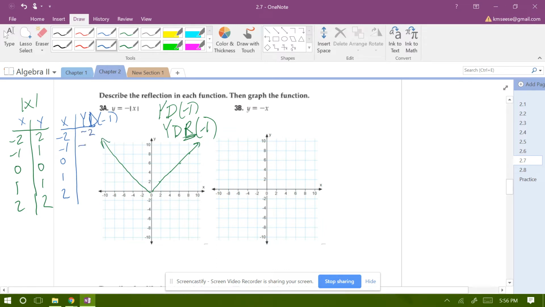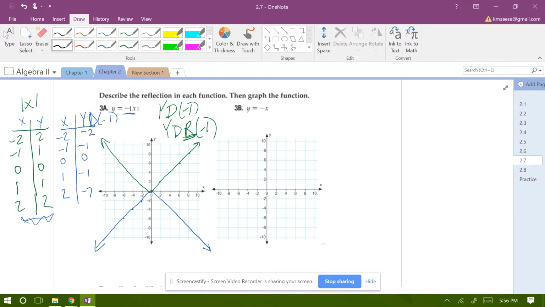This is going to be -2, -1, 0, 1, 2. What's changed is only my y values. And I did not have to really come up with a whole new t-chart. I just needed to use my parent function here and multiply my y values by -1 as illustrated in my equation.